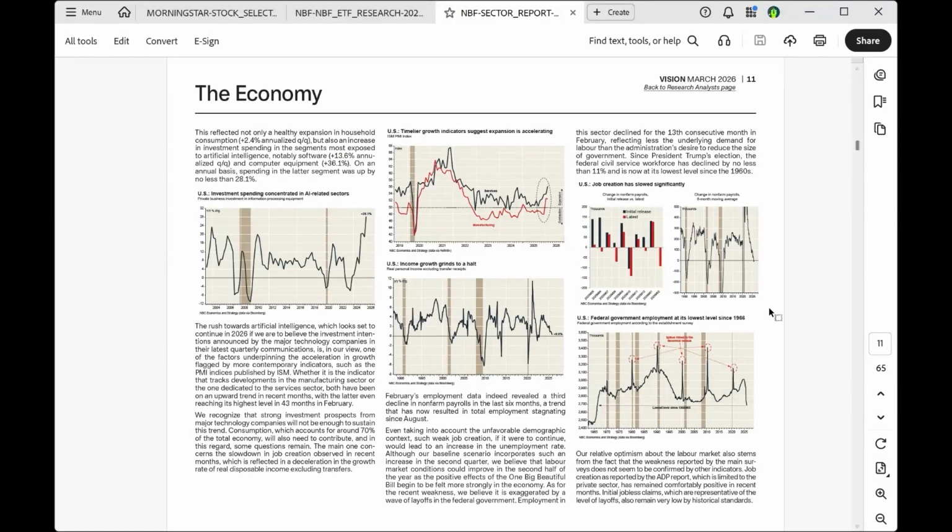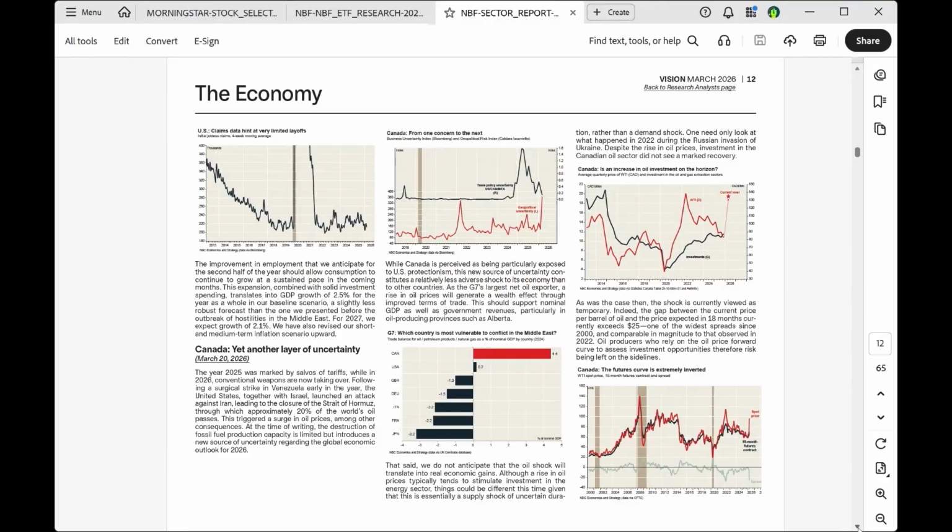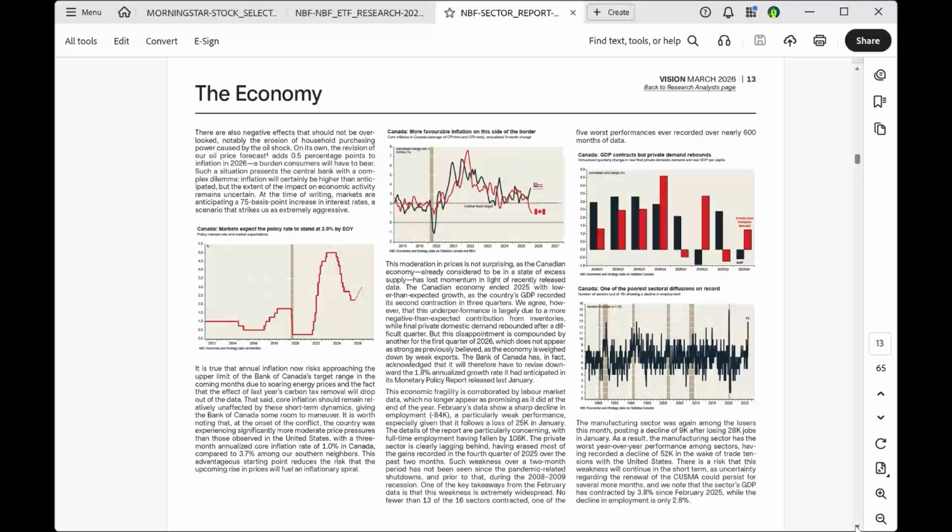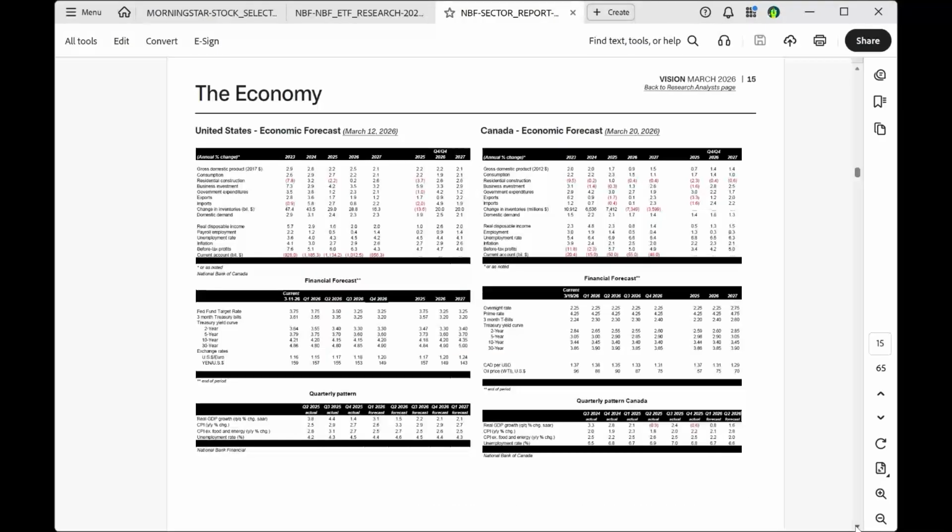This is great if you're looking for more research on a broader scale, so not so much individual stocks, more macro. Opinions and outlooks on certain sectors and how the overall economy is doing. Again, this can be found for free under the Research tab, under Publications, and Economy and Strategy.